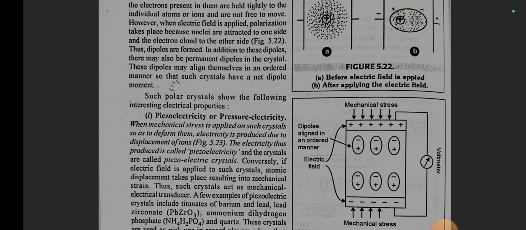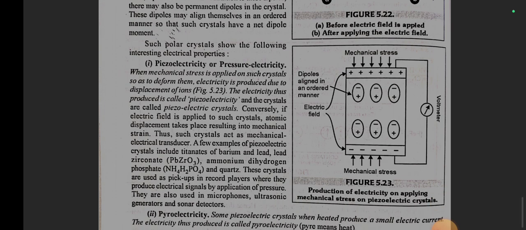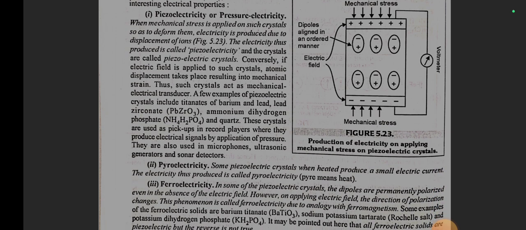Number 1. Piezoelectricity or pressure electricity. When mechanical stress is applied on such crystals so as to deform them, electricity is produced due to displacement of ions. The electricity thus produced is called piezoelectricity and the crystals are called piezoelectric crystals. Conversely, if an electric field is applied to such crystals, atomic displacement takes place resulting in mechanical strain.